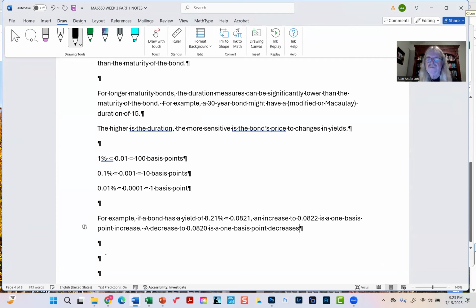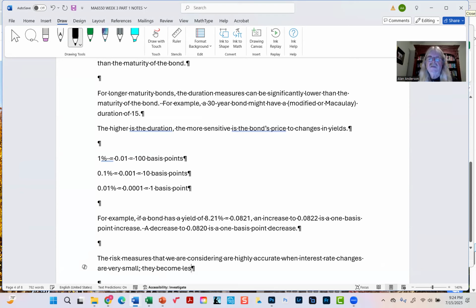So why is this important? Well, the risk measures that we're considering are highly accurate when interest rate changes are very small. They become less accurate when the changes in interest rates are higher.